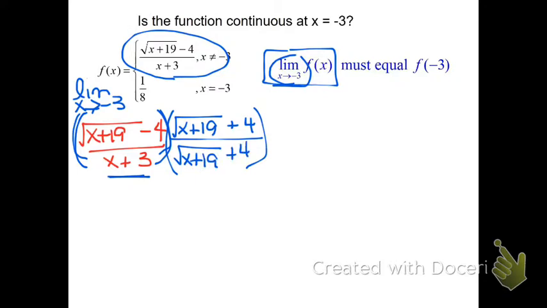Okay, now when you simplify that, remember it's not as bad as it looks. In the numerator, you're really just foiling something that looks like x plus 5 times x minus 5. Okay? If you foil that, it's just as easy. It's x squared minus 5x plus 5x and minus 25.